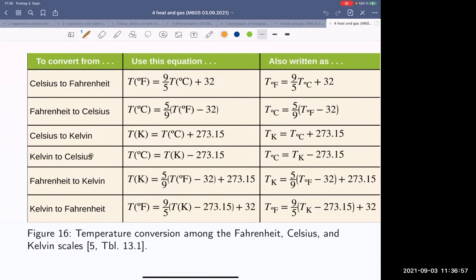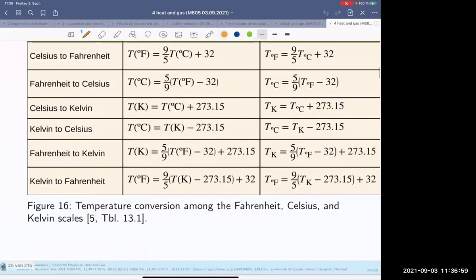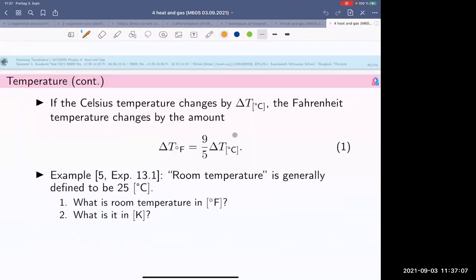And the way to get the temperature difference is like this. The temperature difference in Fahrenheit and the temperature difference in Celsius is related like this. Let's consider room temperature.